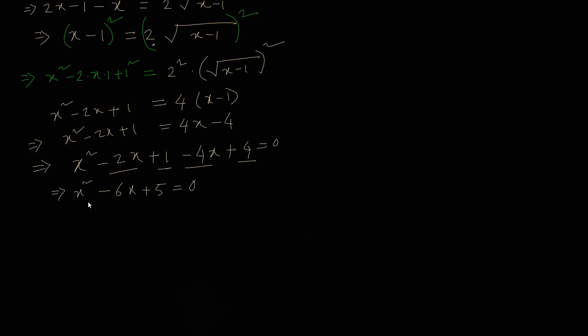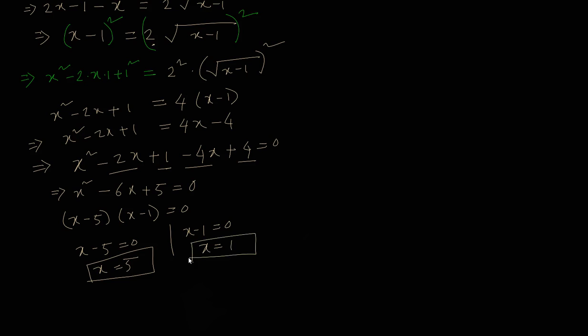Now again this is a standard quadratic equation, so we can solve it by any method. We can factor it: x minus 5 and x minus 1 equal to 0. So x minus 5 equal to 0 and x minus 1 equal to 0. So I have x equals 5 and x equals 1.